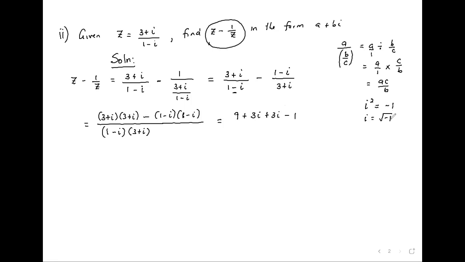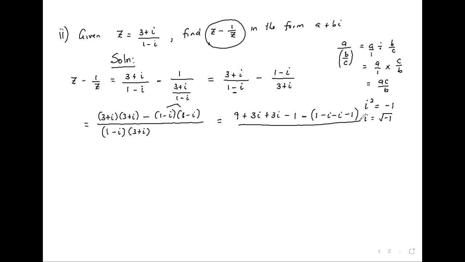And then minus, we're now dealing with these two. So open, 1 times 1, we get 1 minus I minus I. Then negative times negative for the I's becomes positive. Then I times I gives us a minus 1. And then everything we divide by, we're also expanding down.